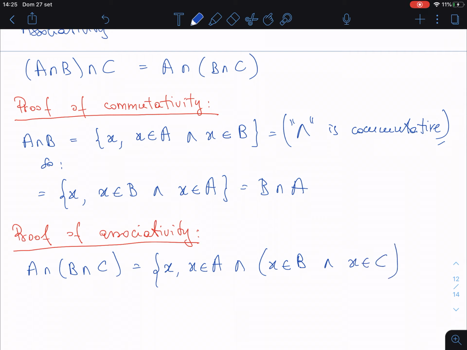I don't put quotation marks. It is clear what I am talking about. But here we use the fact that the logic connection AND is associative.